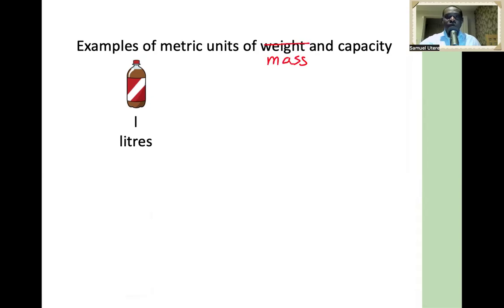So liters is a measurement of capacity or volume, and you will usually see this with really large drink bottles, like your 2 liter bottles or your 1 liter bottles. Centiliter, you would usually see with slightly smaller drink bottles, maybe your juice, different drink bottles that are smaller than the large ones which a family can share.